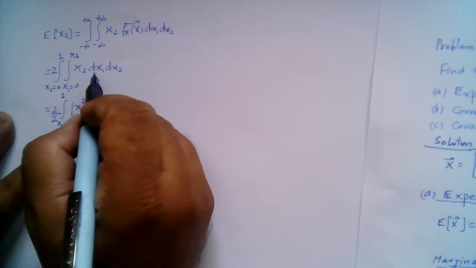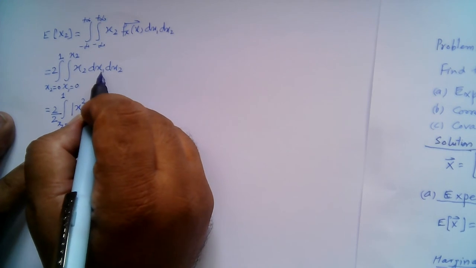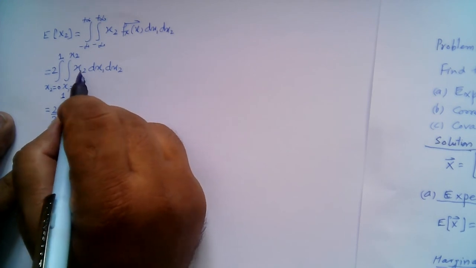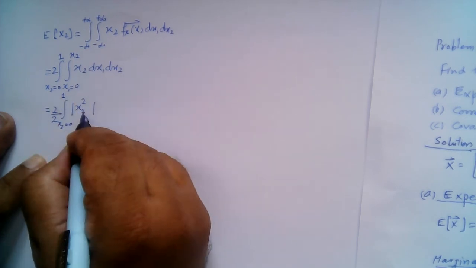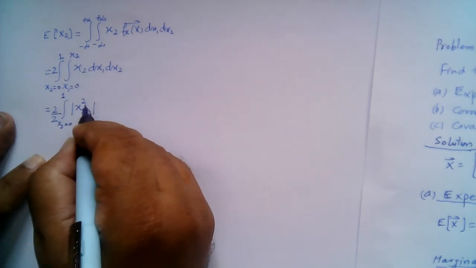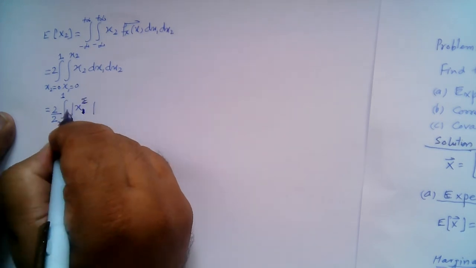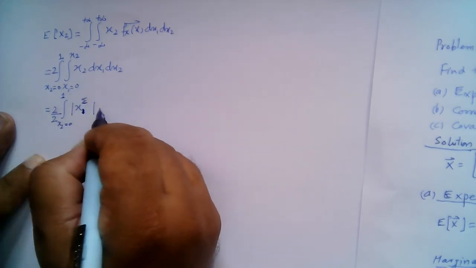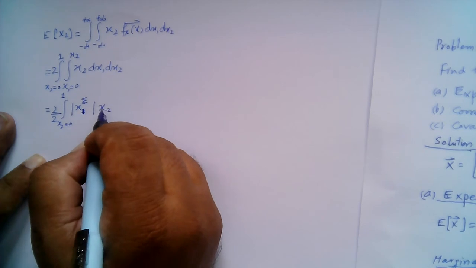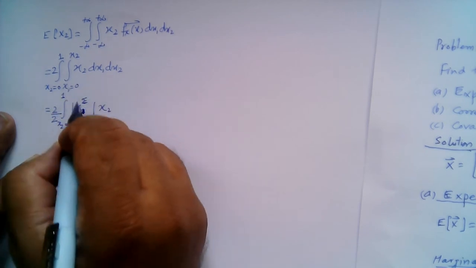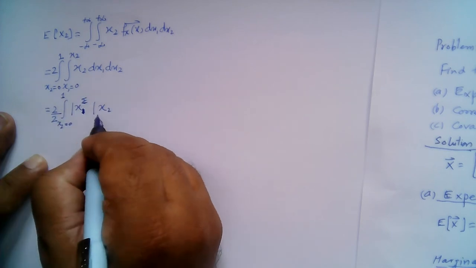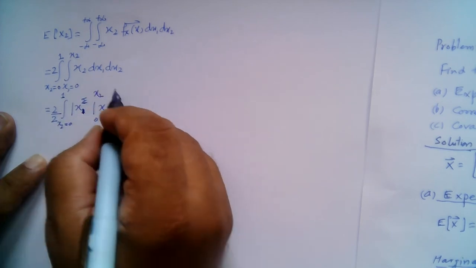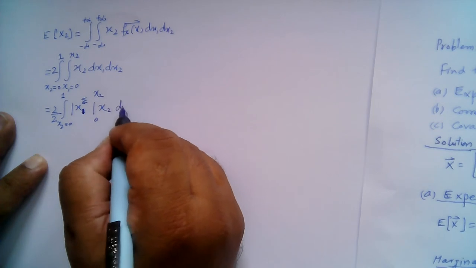Sorry, we are integrating first with respect to x1, right? So x2 is a constant with respect to x1, so this will be simply x1 here, without any square. So x2 will still be multiplied by this x1 result, right? So the limit for x1 will be from 0 to x2, and we still need to integrate with respect to dx2.